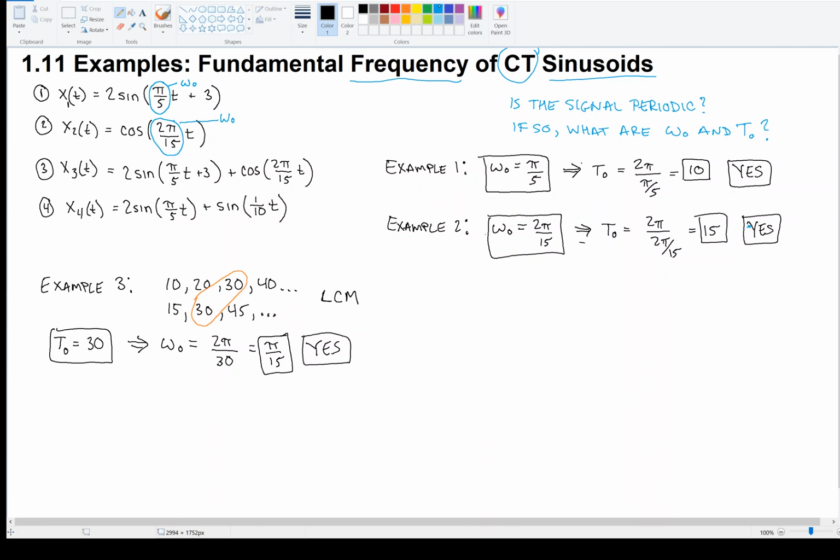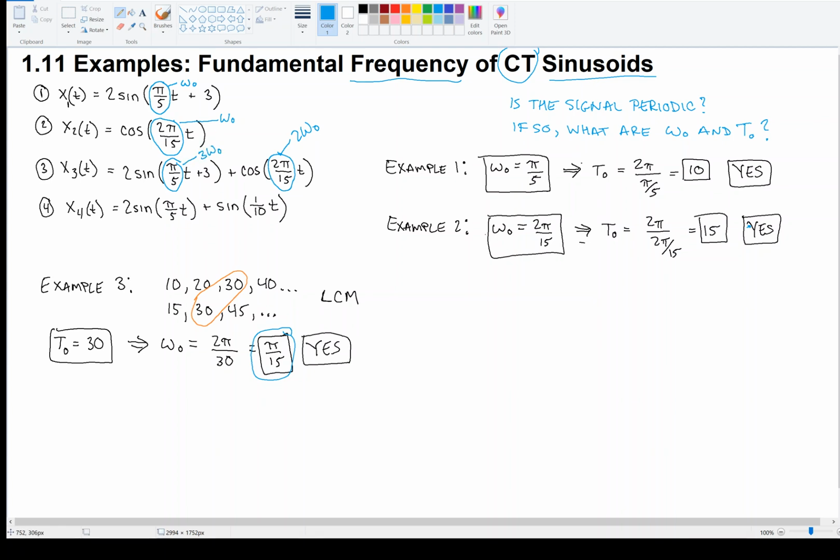This is interesting, though, because the frequency is pi over 15, but notice that in this signal, we don't have pi over 15. We have 2 pi over 15, so that's twice the fundamental frequency. And we have pi over 5, which is actually 3 pi over 15, so this is 3 times the fundamental frequency.